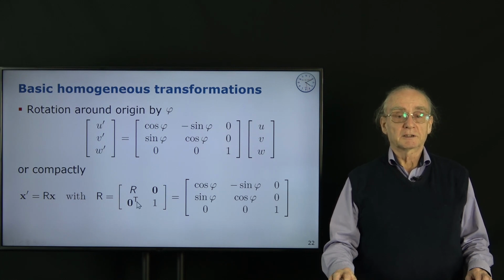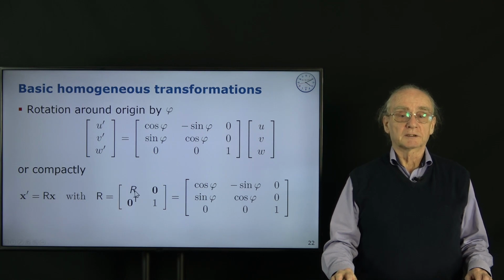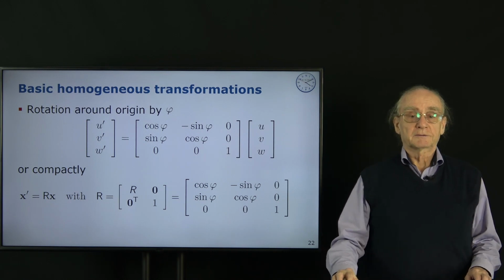And this rotation matrix again has 4 parts. The upper left is the original 2 by 2 rotation matrix, the off-diagonal parts are 0, and the last element is 1. Now you see we really have a rotation matrix, which if you multiply R with its transpose, you get a unit matrix.